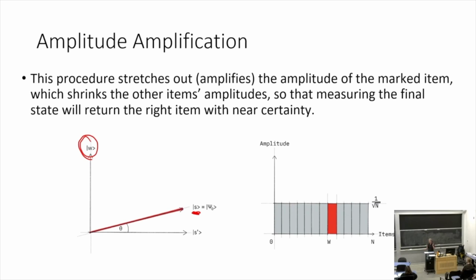We have our two-dimensional plane spanned by the perpendicular vectors W and S prime, and that allows us to express our initial state S as a function of that angle theta. So S equals sine theta W plus cosine theta S prime, where theta equals the arcsine of the inner product of S and W, which is just the arcsine of 1 over square root of n.